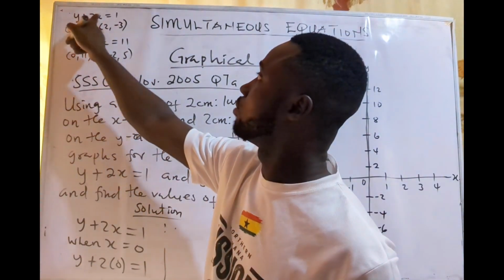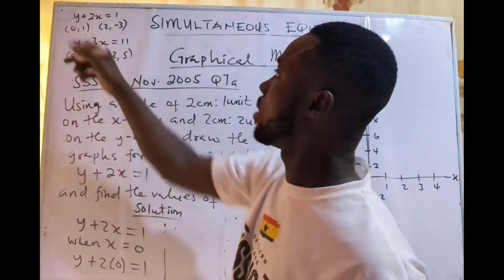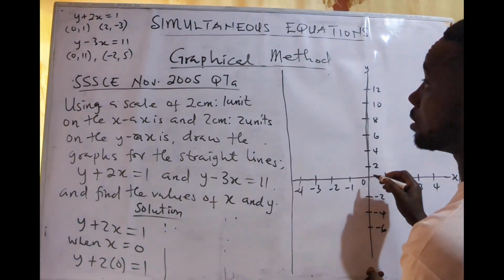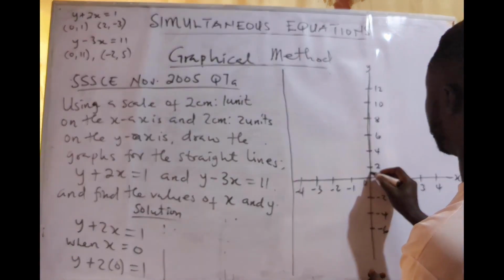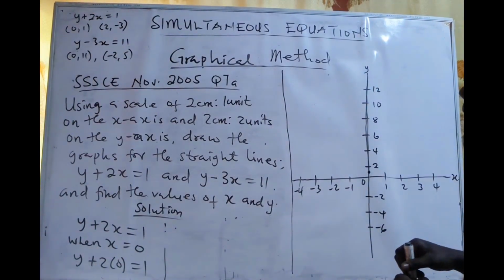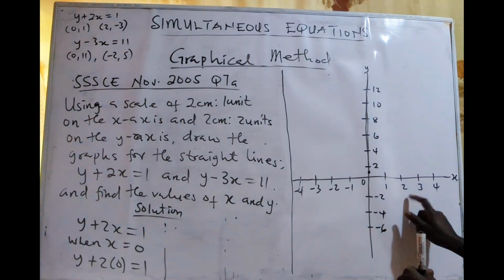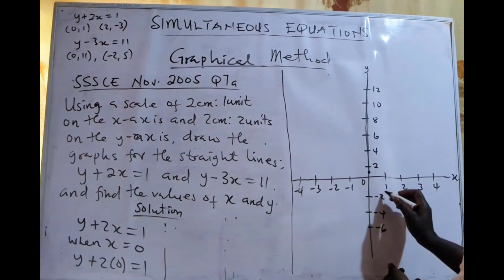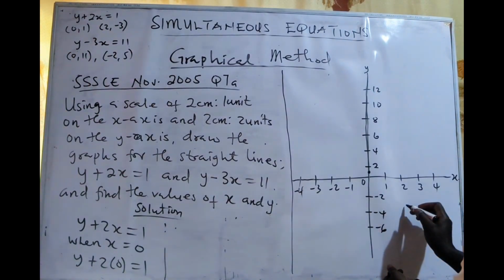The equation y plus 2x equal to 1 gives 0, 1. So x is 0, y is what? y is 1. That can be here, between 0 and 2. And then 2, -3. x is 2, y is -3, so between -2 and -4. So that one can also be here.